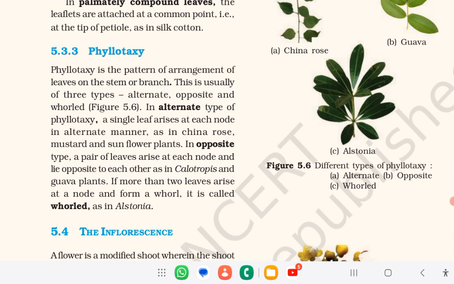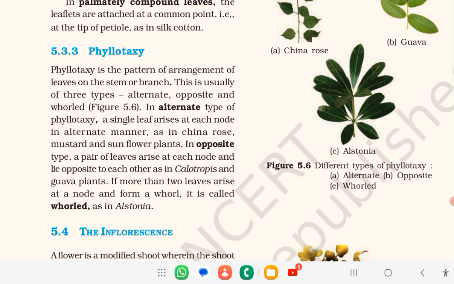Number 3. Phyllotaxy. Phyllotaxy is the pattern of arrangement of leaves on the stem or branch. This is usually of three types: alternate, opposite, and whorled. In the alternate type of phyllotaxy, a single leaf arises at each node in an alternate manner, as in China rose, mustard, and sunflower plants.